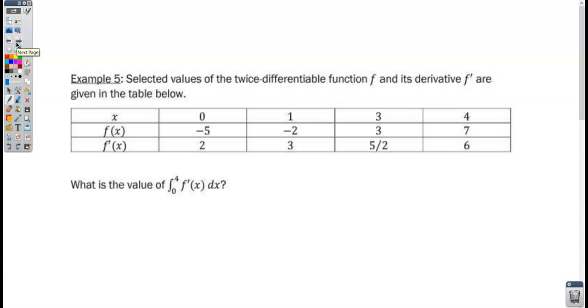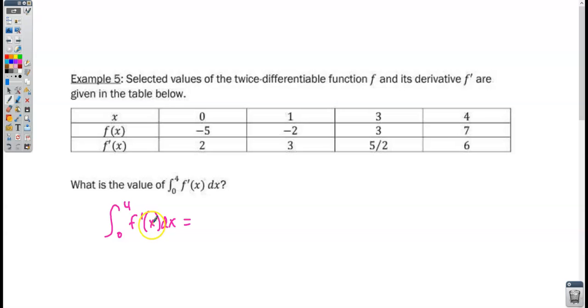Example 5, selected values of the twice differentiable function f and its derivative f prime are given in the table below. What's the value of the integral from 0 to 4 of f prime of x dx? So the integral from 0 to 4 of f prime of x dx is equal to the antiderivative of f prime of x.